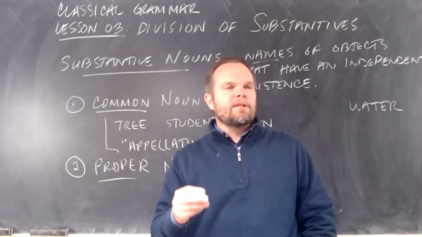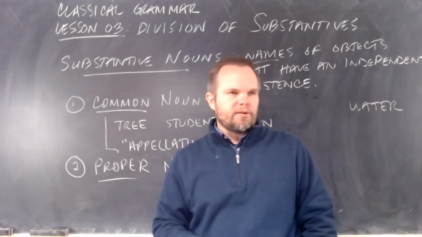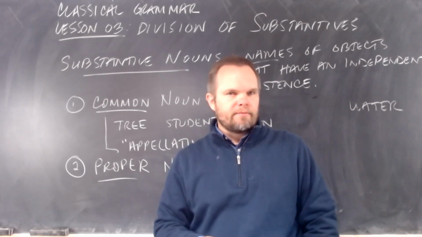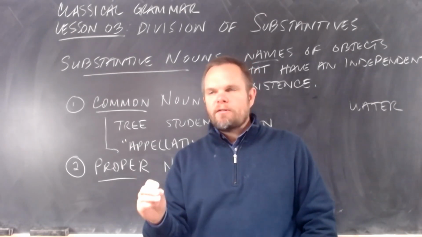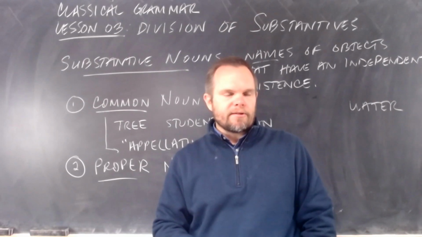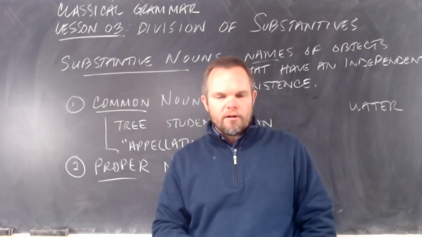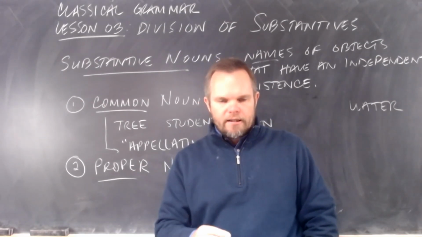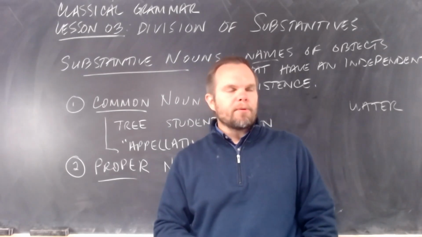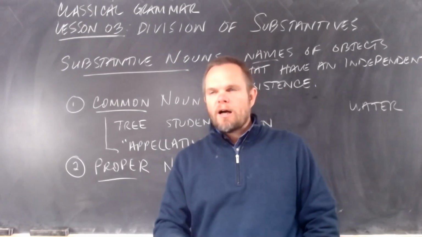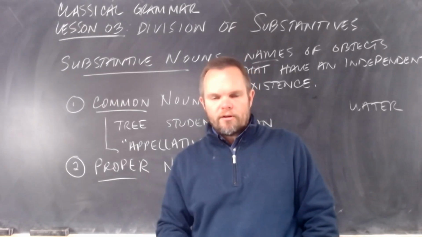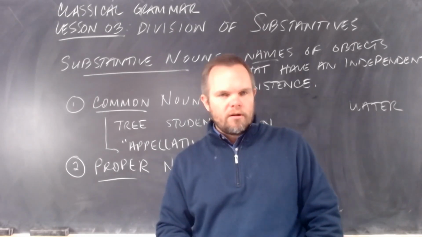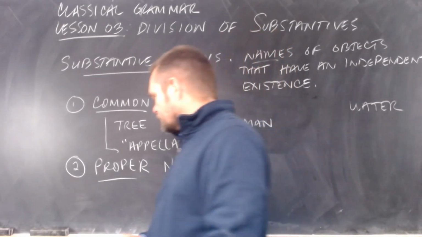What it means is the names of individual persons and places. The names of individual persons and places are called proper names. And the book tells us they're called proper from being proper, that is, peculiar to the individual bearing the name.